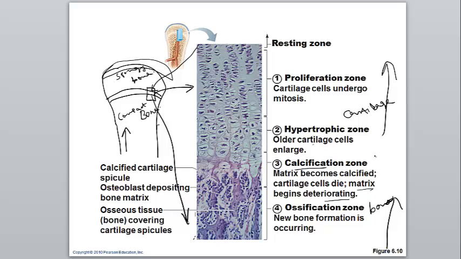So as the ossification zone is trying to catch up with the proliferation zone of your cartilage, the bone itself starts to elongate. As the bone tries to catch up with the cartilage, the bone itself becomes longer and longer. How long does it try to catch up? Until you hit puberty.